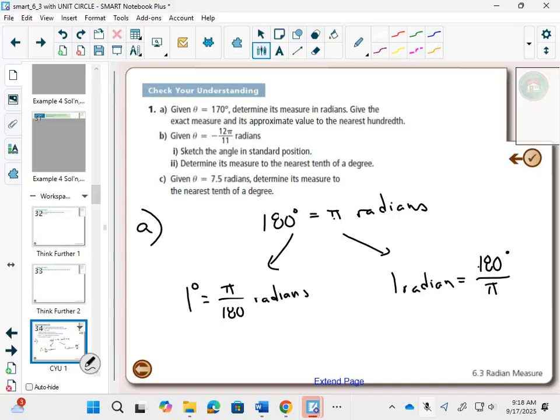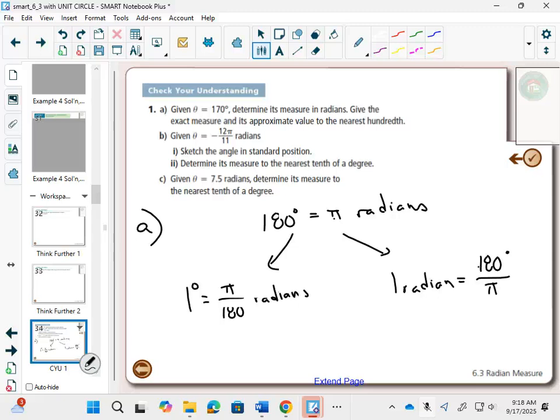These formulas are really similar, so if you're just straight out memorizing them, they can be super easy to mix up. Again, you can always think of them this way by going, hey, I start off with 180 degrees equals pi. I can develop both of them.